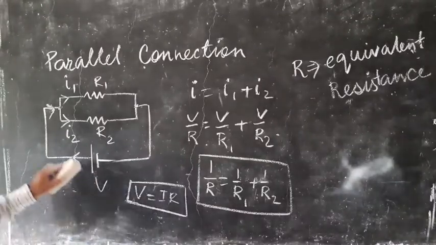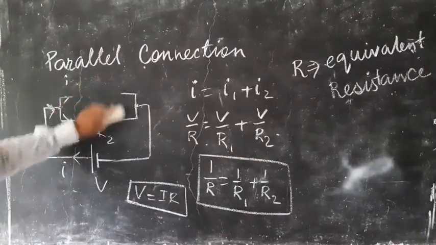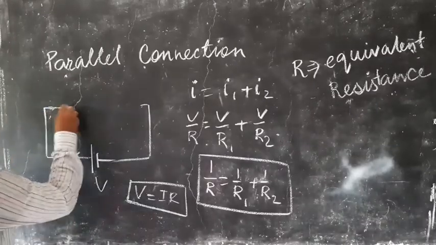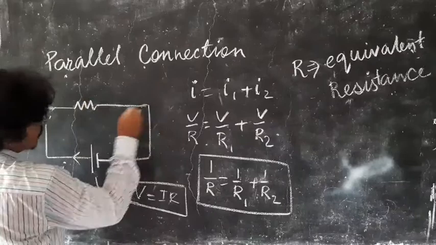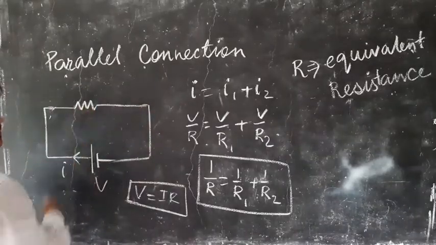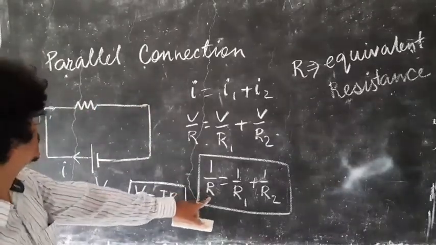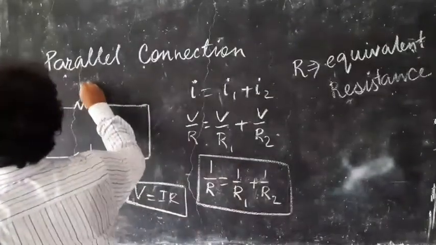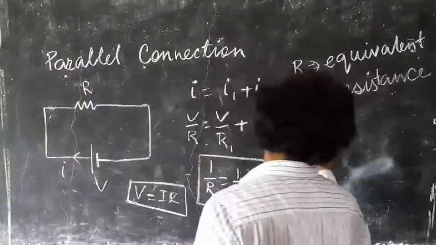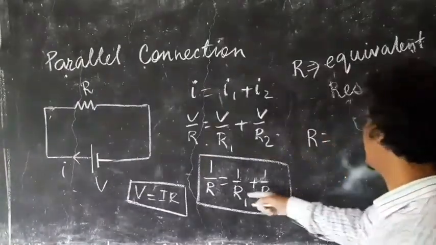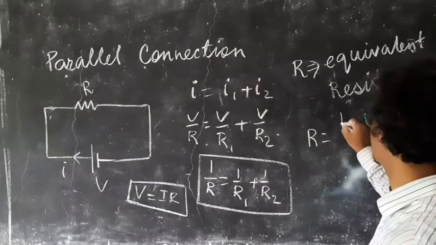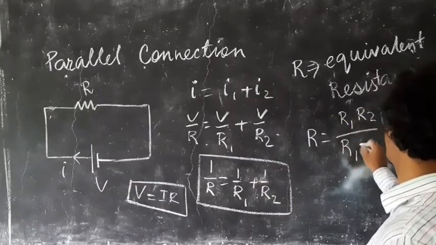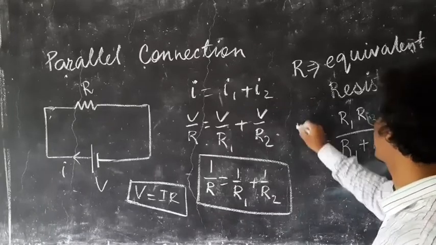It means we can replace this circuit with a single resistance whose resistance is R. So from here we can find R. If we simplify this expression we will get R is R1 R2 by R1 plus R2.